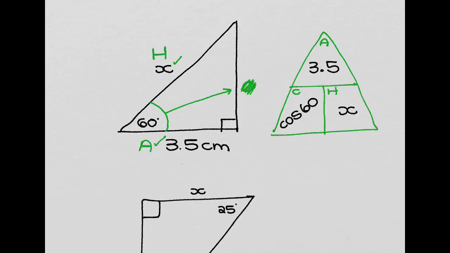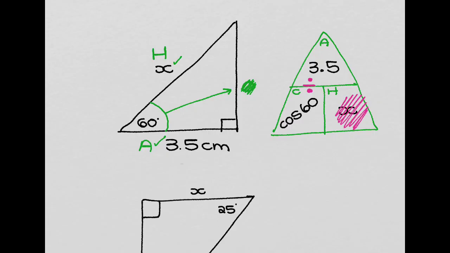Now in the previous question, I crossed out the X to try and understand what was going on, and I'm going to do the same. So let's scratch that out. Can you see this time there's a 3.5 on the top and a cos 60 at the bottom? When things are top and bottom, not side to side, it means that I am dividing. So this is a dividing question.